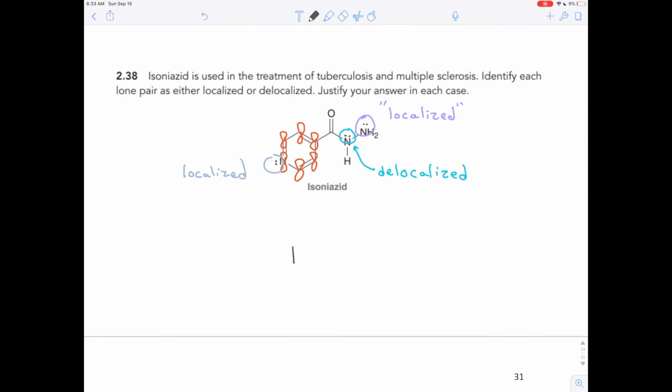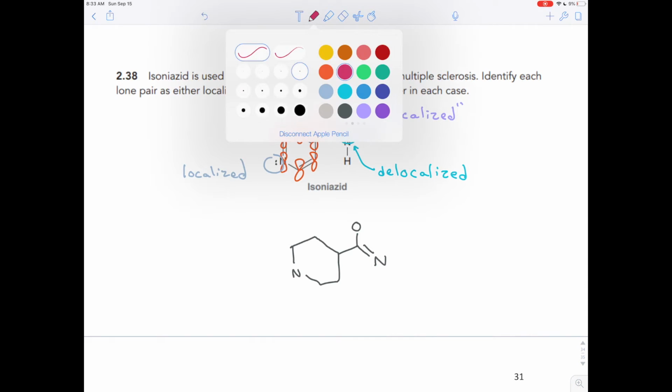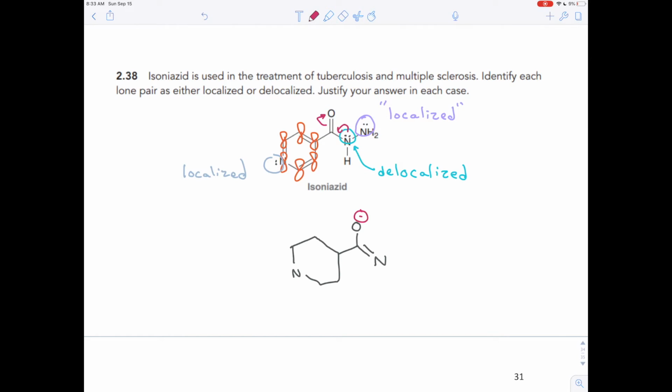If, however, you noticed that when you draw the resonance structure that you get from the first allylic lone pair, like if this lone pair goes to form a pi bond and those electrons go up, you would get this structure that I'm drawing down here. Another resonance structure. And in this resonance structure, these lone pairs are allylic.